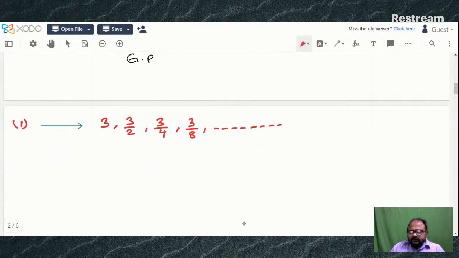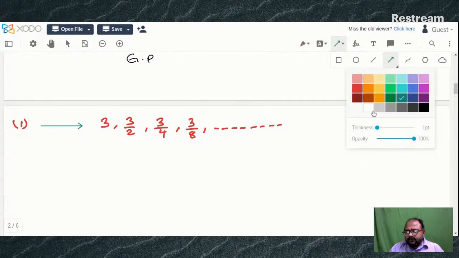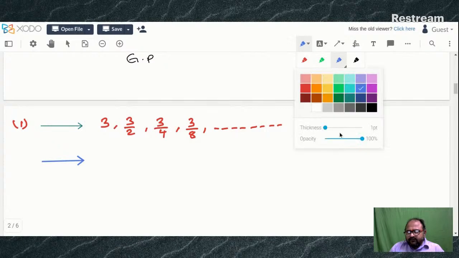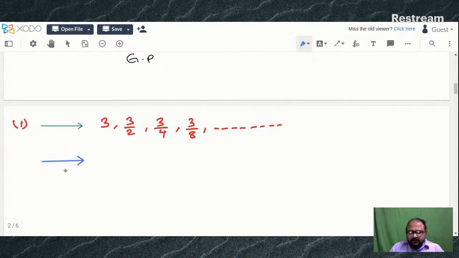Next step, you should note down the terms. That is, you note down the first term, second term, third term. Second step, I am writing: what is A1, first term, second term, third term, fourth term? You should note down this.